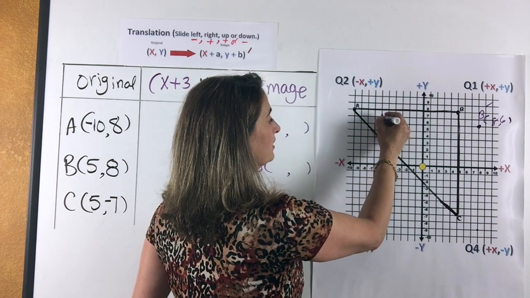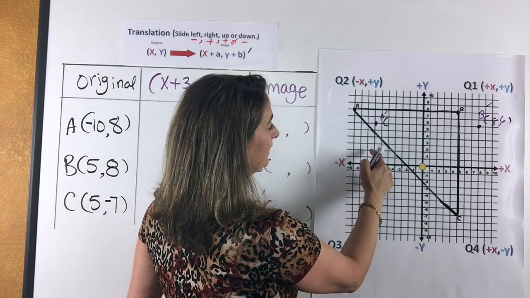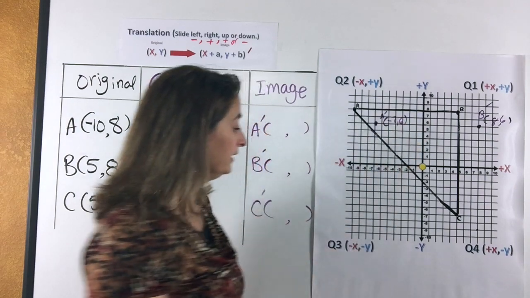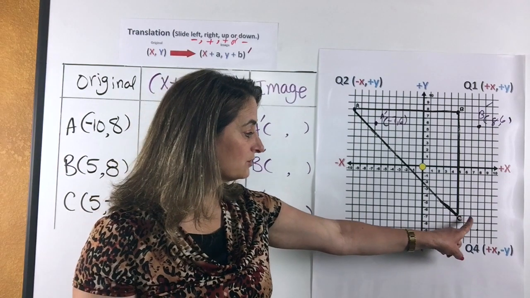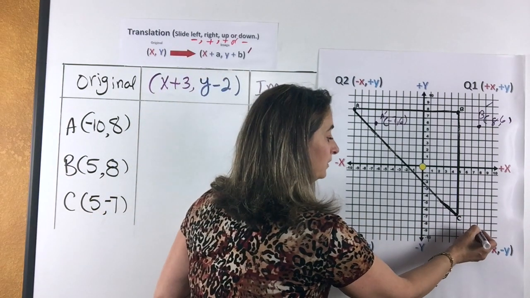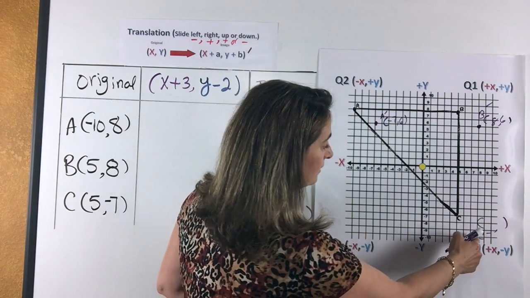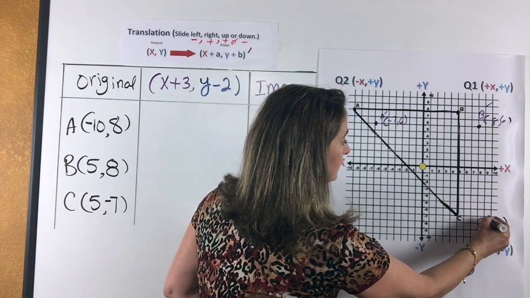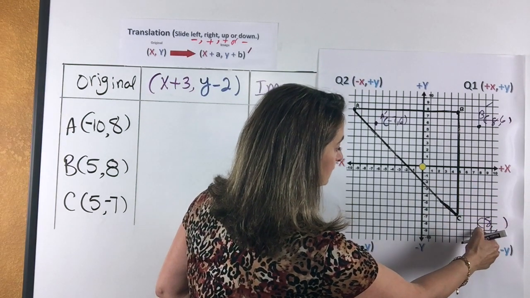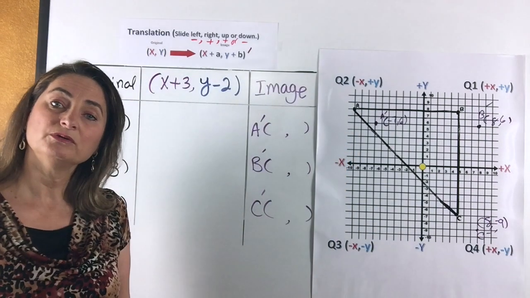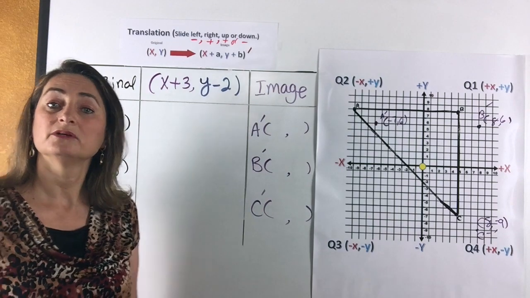And the coordinates for A prime is -7, 6. And the last one is C, going to the right 3, down 2. You end up here, and C prime will be 8 and -9.